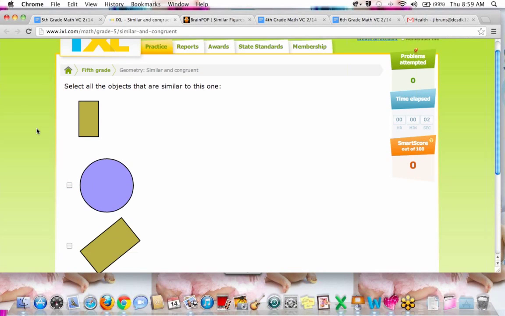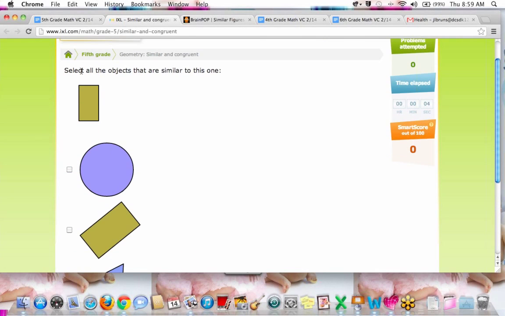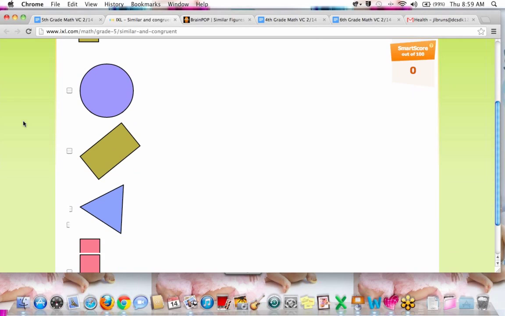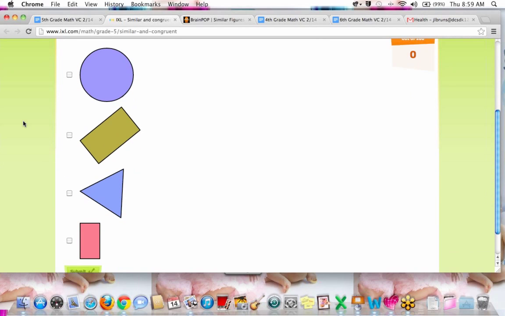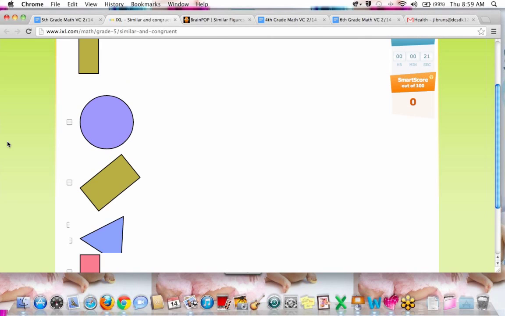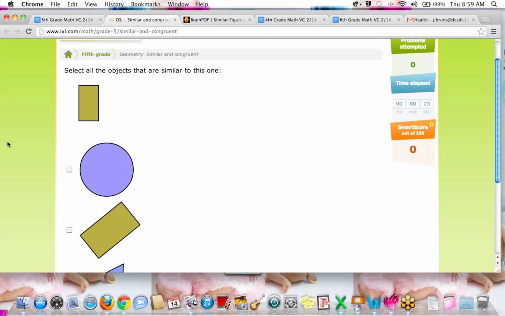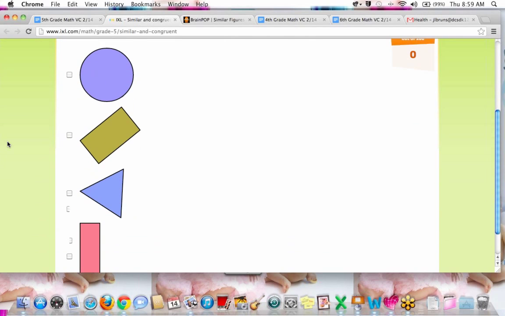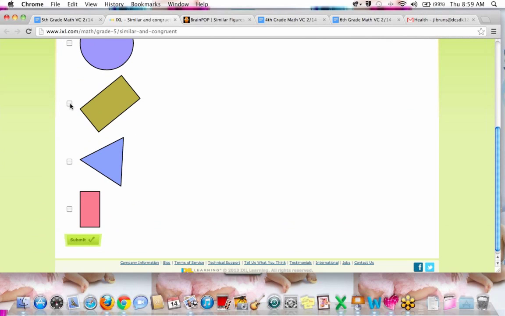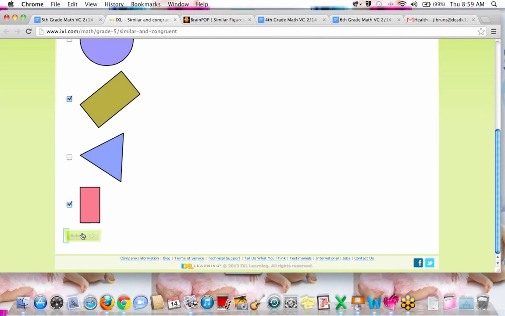All right. So select all of the objects that are similar to this green rectangle on the top. So let's just type in, we can use A, B, C, and D. Okay, so I'm getting a couple people saying both B and D. So let's take a look.